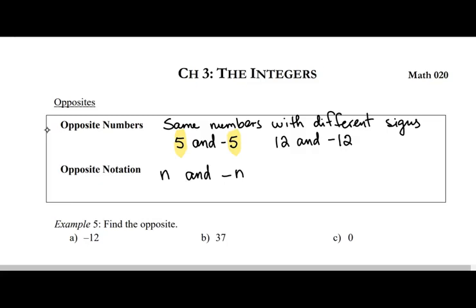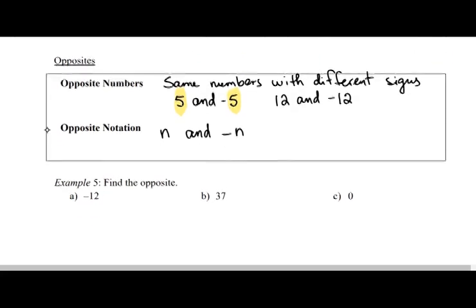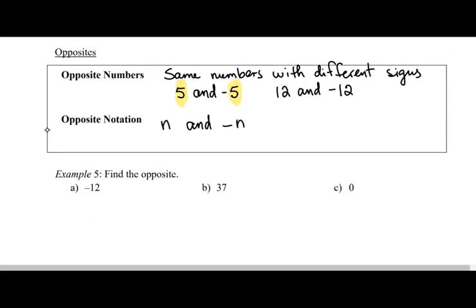In order to find the opposite, you keep the value of the number and you switch the sign of that number. So if you're looking at a negative number, the opposite of it is going to be the same number with a positive sign. And if it's a positive number, it's going to be the same number with a negative sign. So for part A, here in example 5, the opposite of -12 is 12.